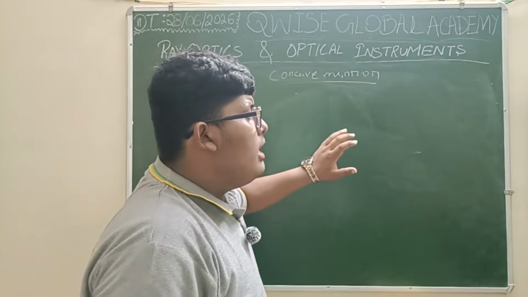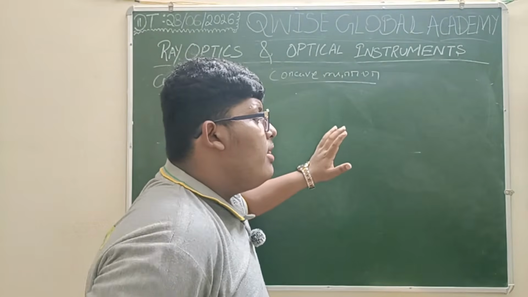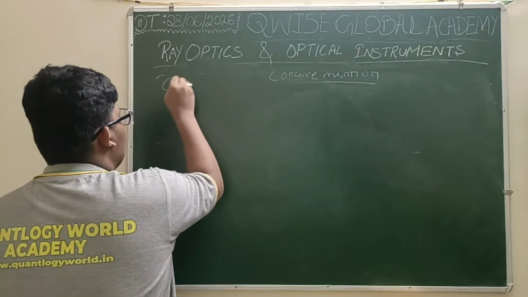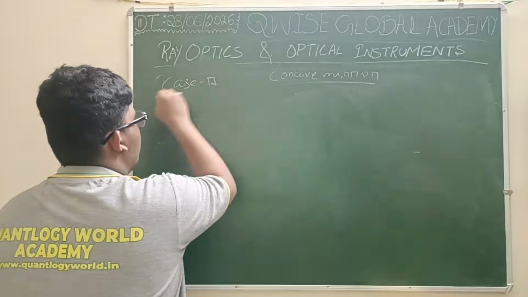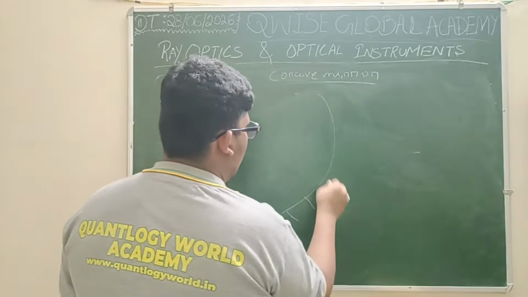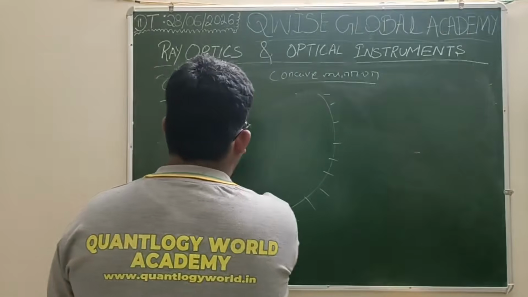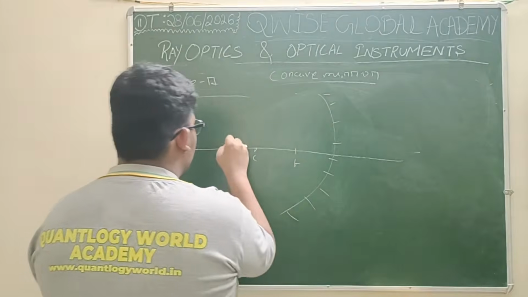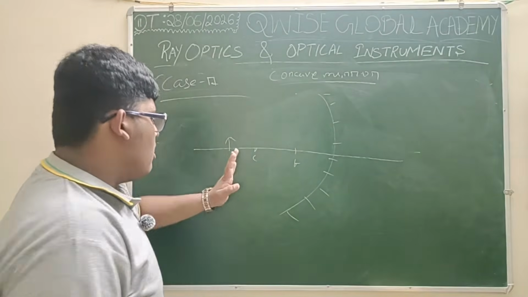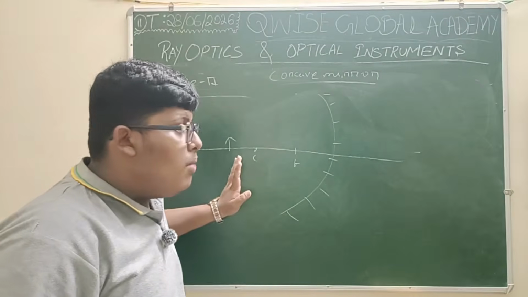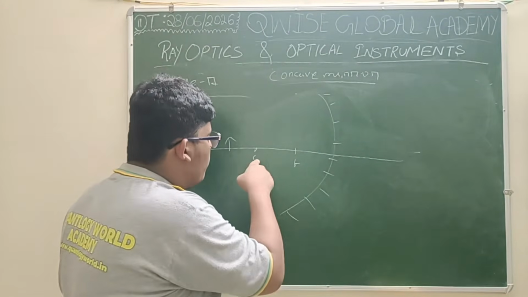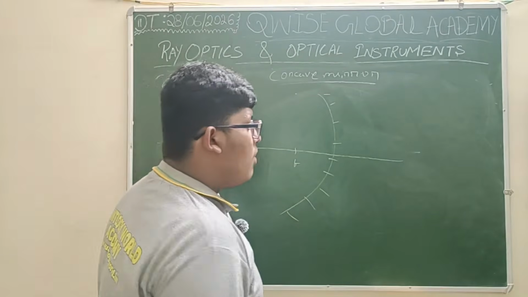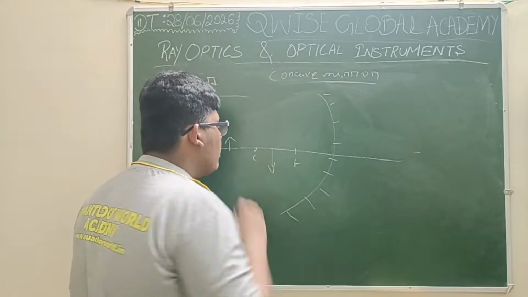Second, if an object is beyond C, then the image formation will be between F and C. Case 2: this is C, this is F. If an object is beyond C, then where will the image form? The image will be formed between the focus and the center of curvature, and the image is real and inverted.